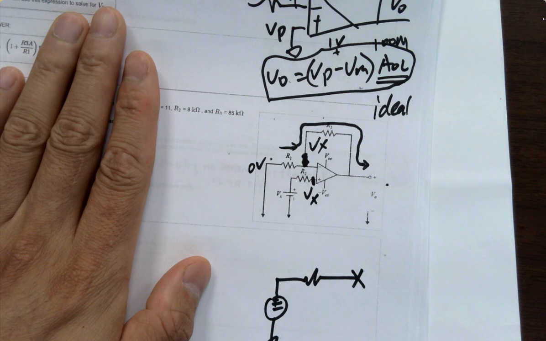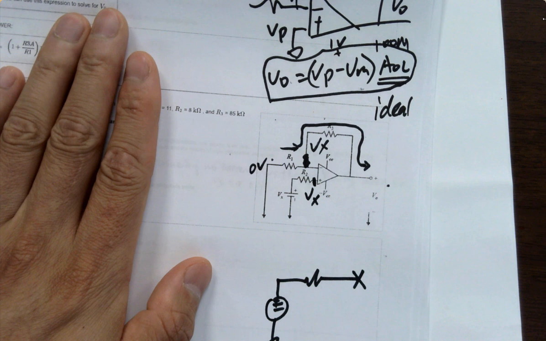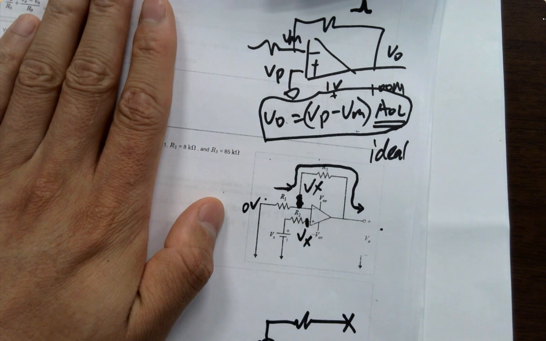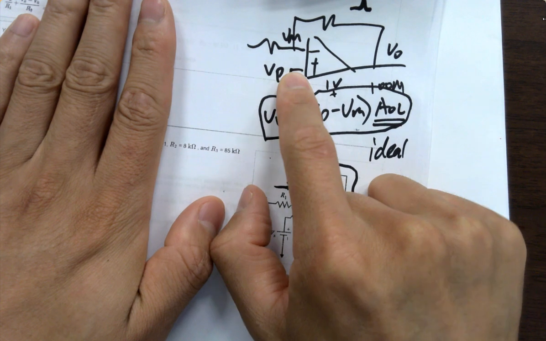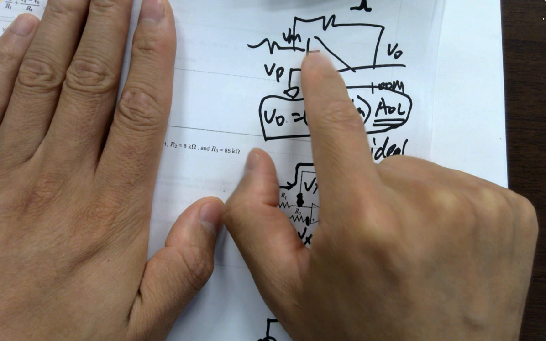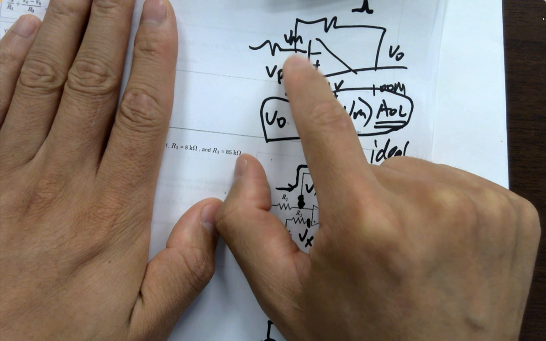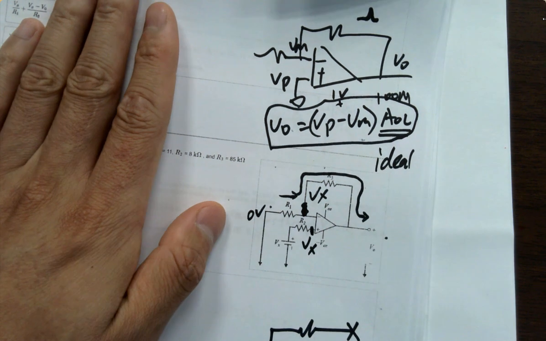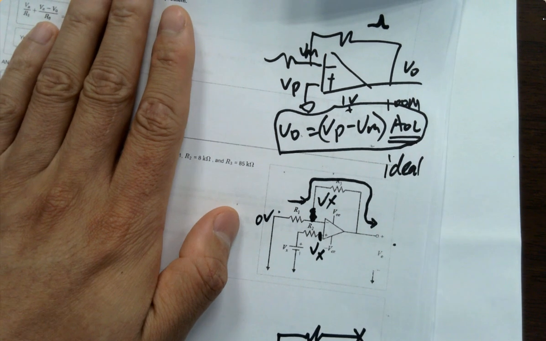Any questions on this so far? So you won't have any problems if you know that these two are equal. That's it. If you know that these are equal, everything else is just the first week's problem in this course. Ohm's law, that's it.